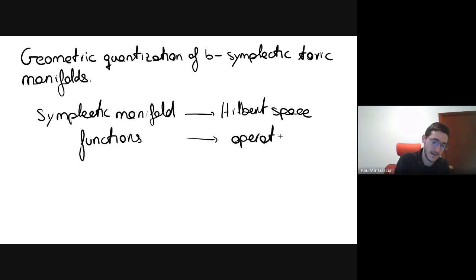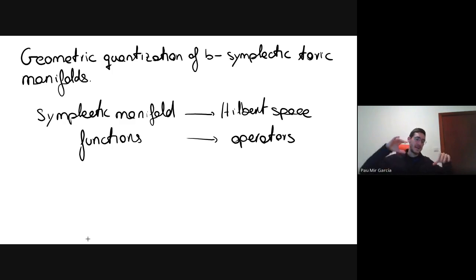Now, if you are a quantum physicist, what you want to have at the end are observables, and observables are mainly eigenvalues of operators. So basically, you want to have operators, and then from these operators you can compute observables.